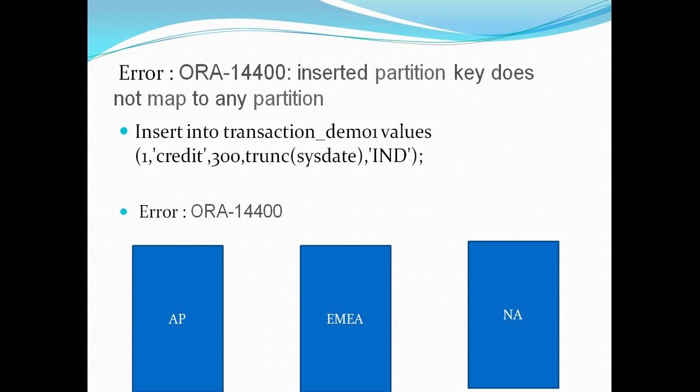So now in this scenario, Oracle gets confused. It does not understand to which partition it should send the data that belongs to the IND region, because I have not specified any such partition. So it's going to throw me an error saying that inserted partition key does not map to any partition.